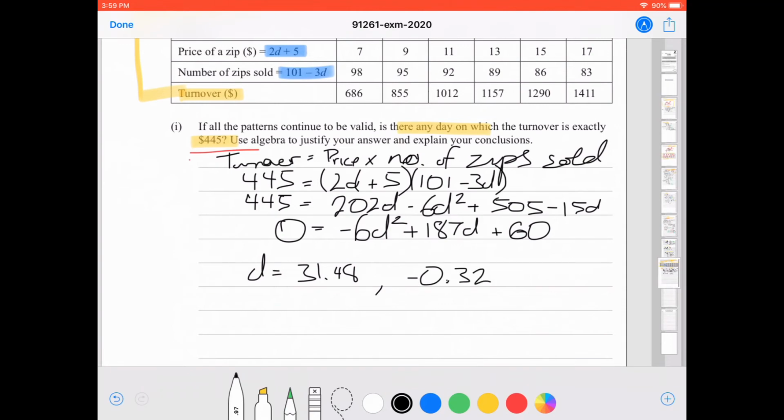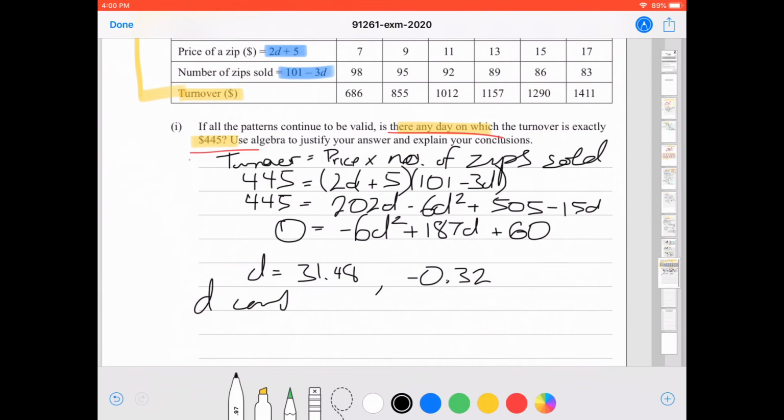Now, if we think about the context of the question, D is a variable representing the day, and so we can't have negative days.